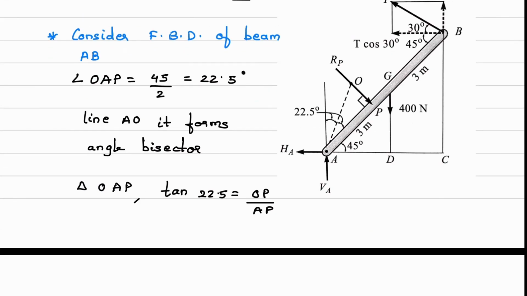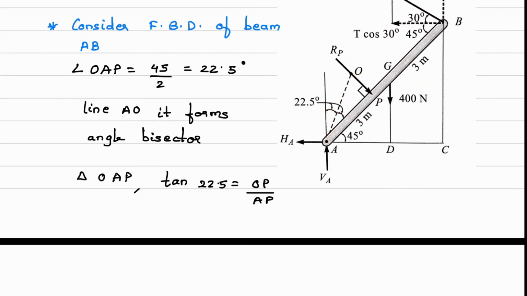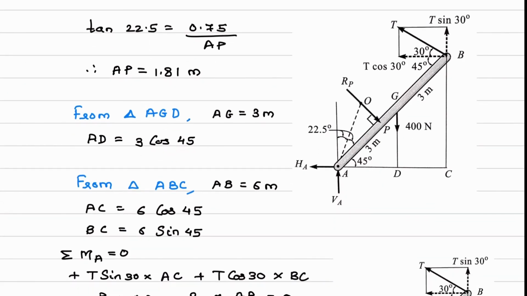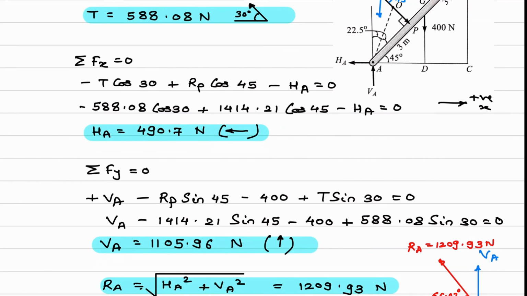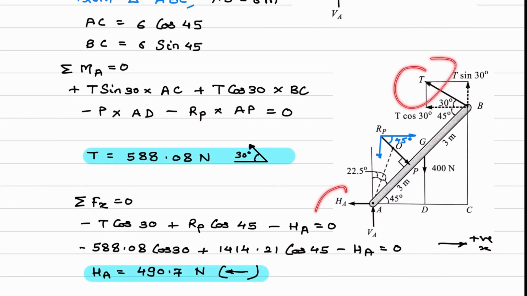We calculated all the distances: AP, AD, AC and BC, so that we can take moment. Then we calculated this angle, which is the angle bisector, since AO is the angle bisector. Then, using summation of moment about point A equal to 0, summation Fx equal to 0 and summation Fy equal to 0, we were able to calculate tension, HA, VA as well as RA.